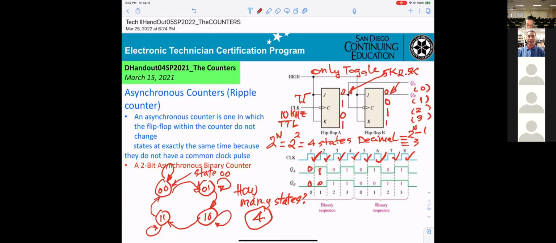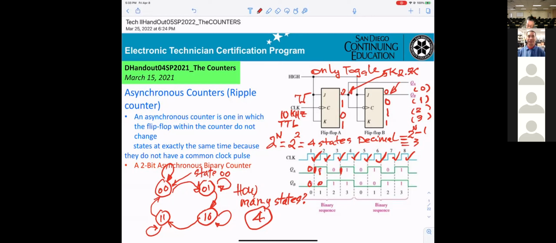So if you're looking at the timing, you can see it easily. For the output from here to here, one period will be double the period of the clock. So that's why they get only a half.